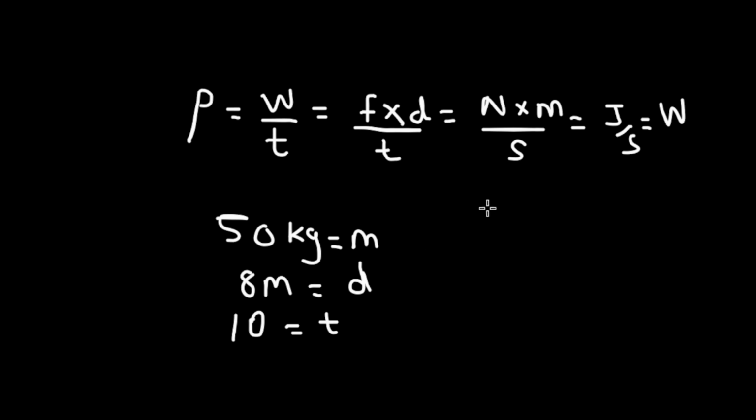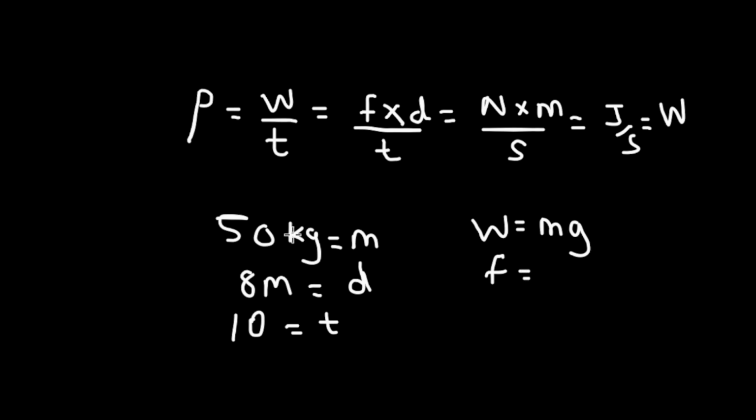The only way that we can convert a mass into a force is by using our weight formula. Weight is equal to mass multiplied by gravity. And weight is simply a force, so I can substitute my weight and put a force.